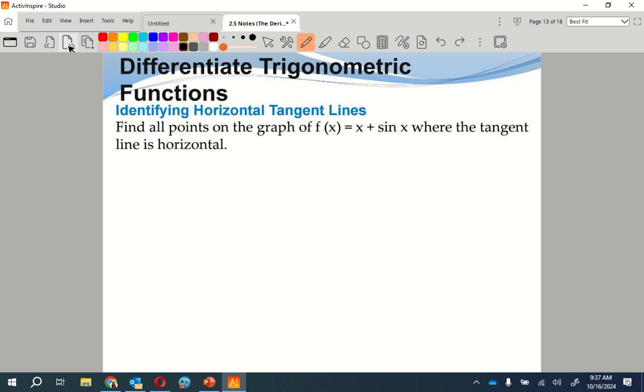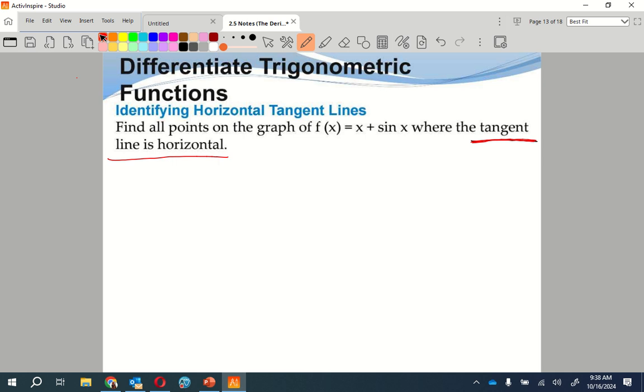Find all points on the graph f of x equals x plus sine x where the tangent line is horizontal. Okay, a couple things are important here. Tangent. So when you see tangent, what should you think of? My first derivative, right? The tangent has to do with the slope of my first derivative. That's good. Okay, and a horizontal line. What do I know about the slope of a horizontal line?